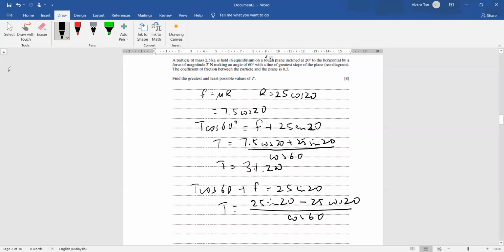This should be the largest value. Now you can have a positive value. This will be your minimum. This will be your maximum.